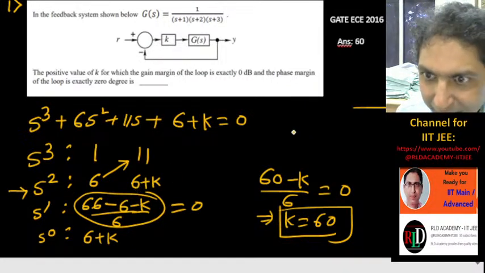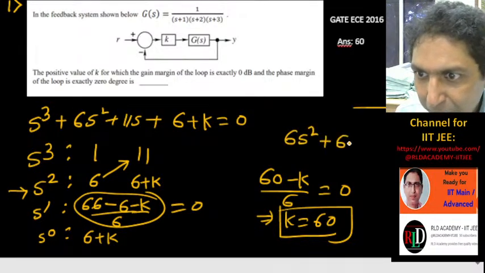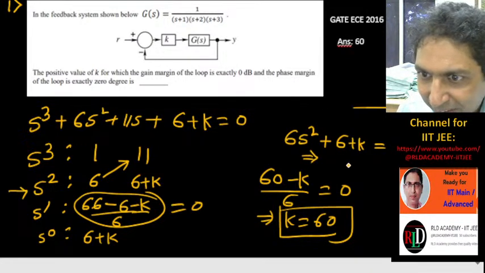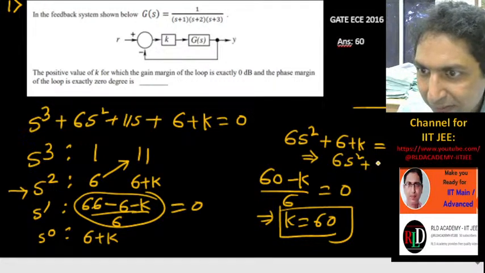What is that? It is 6S square plus 6 plus K equals 0. If I replace K equal to 60, then 6S square plus 66 equals 0.